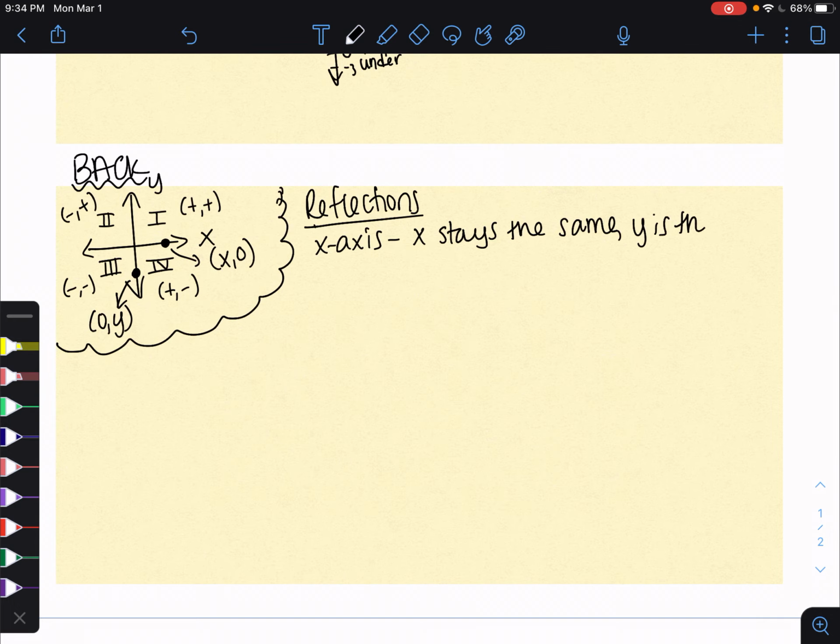Y is the opposite. So if I have A is -3, 4, then A prime is going to be -3, -4. Okay, x stayed the same. Y is the opposite.